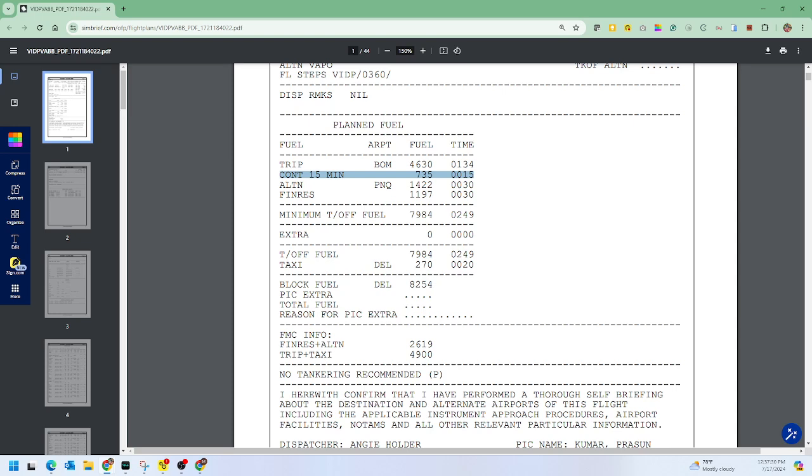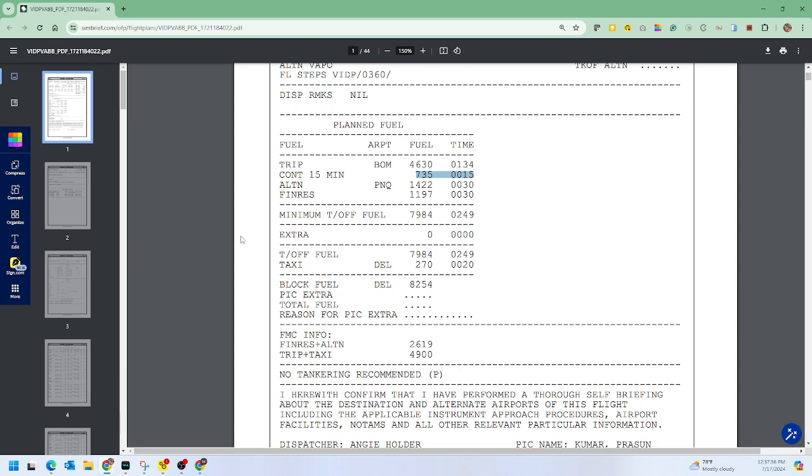For any such situations where we have to spend extra time, the fuel will keep burning. We can't stop the engines. So we have to keep some of the fuel as contingency fuel. And the contingency fuel in this case is for 15 minutes. That is 735 lbs, and it will hold up to 15 minutes.